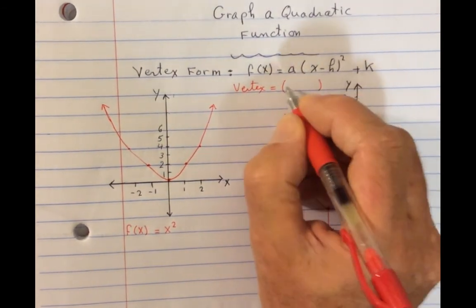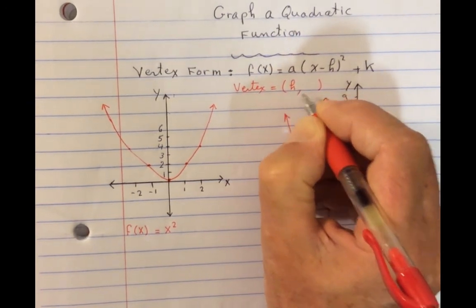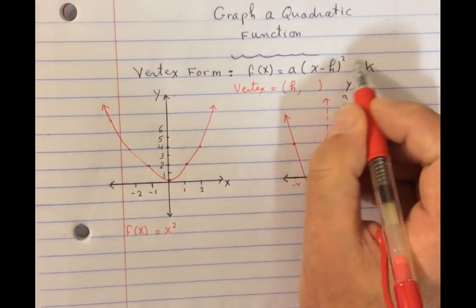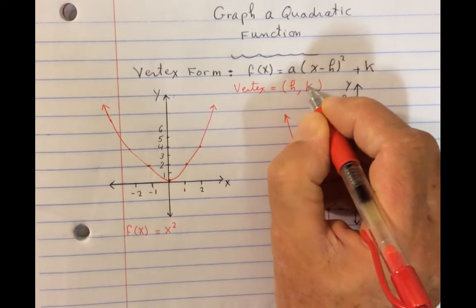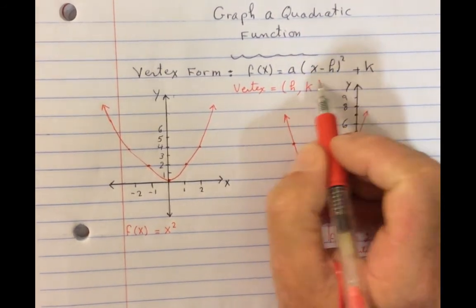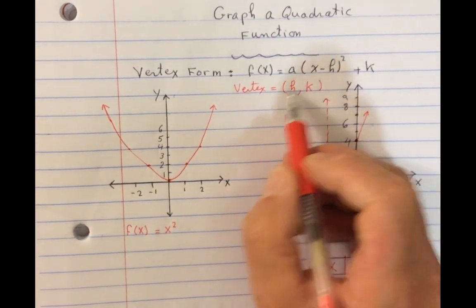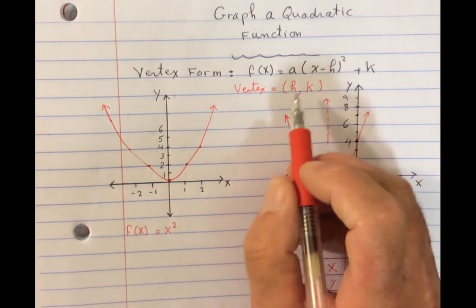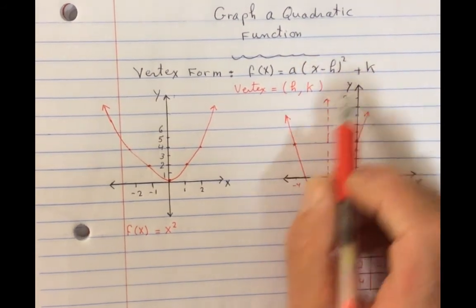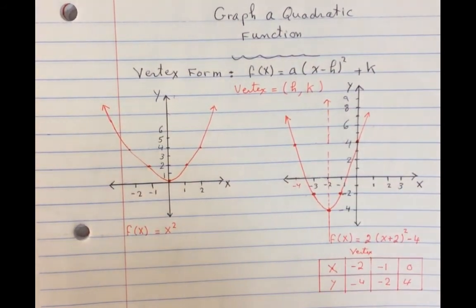If it's -h, over here it is going to be +h. Then the y coordinate is going to be the number outside, so you go up k. We don't change it. If it's positive, it stays positive. If it's negative, it stays negative. But the h is the opposite. If one of these two is missing, then we use 0 for that.